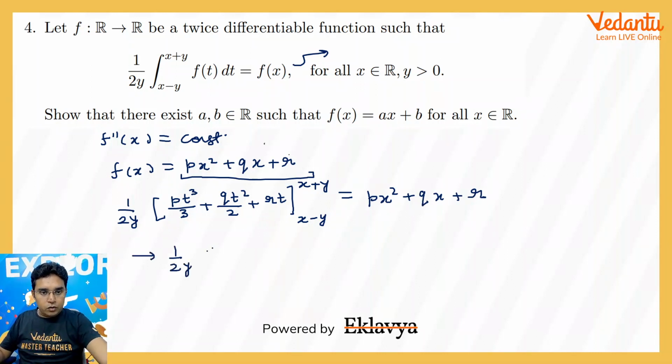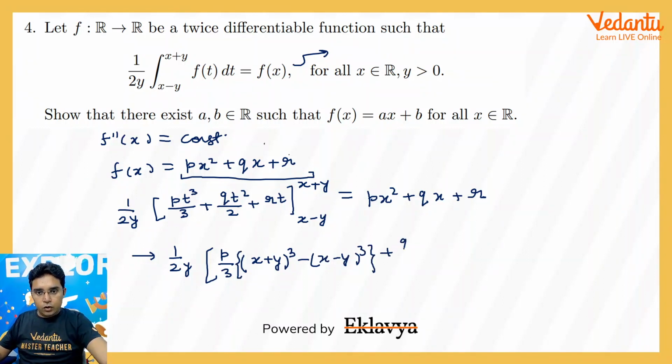So this will be 1 upon 2y here, p by 3 into this t cube. I will first put x plus y whole cube, then I will put x minus y whole cube and take the difference of these two.